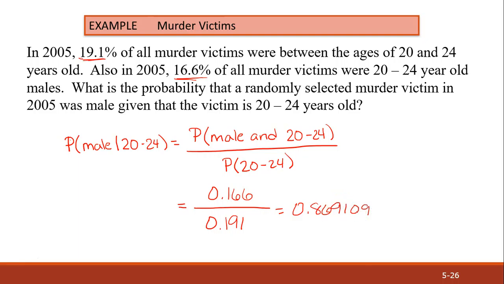I'm just going to round it to 3 decimal places. Or you can state that it's 86.9%. There you go. So that is the probability for this one right here, that the person was male, given that they are ages 20 to 24.